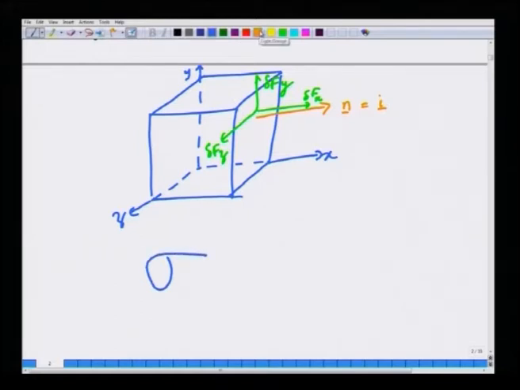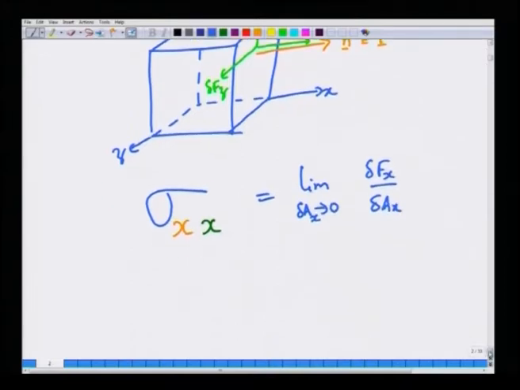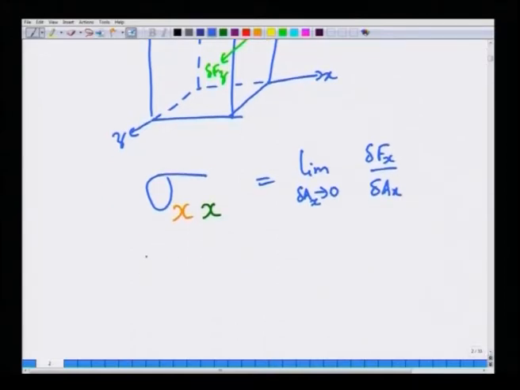Sigma x x is equal to the limit as delta A x tends to 0, where A x is the area of this face with unit outward normal in the plus x direction, of delta f x by delta A x. This is the normal stress component acting on that surface. The shear stresses are usually denoted by the Greek symbol tau.